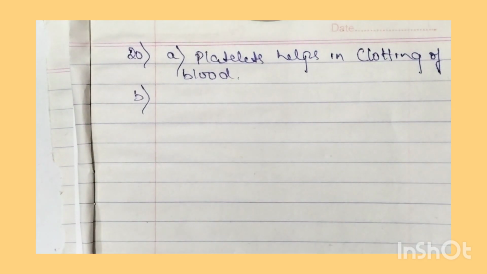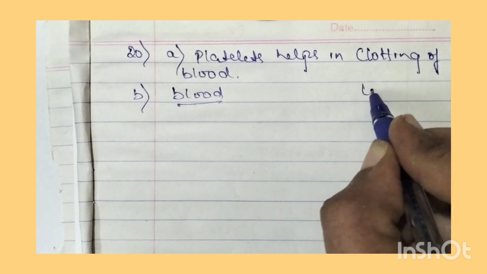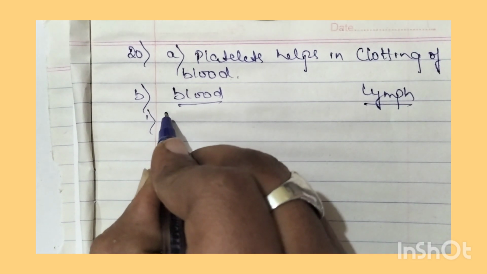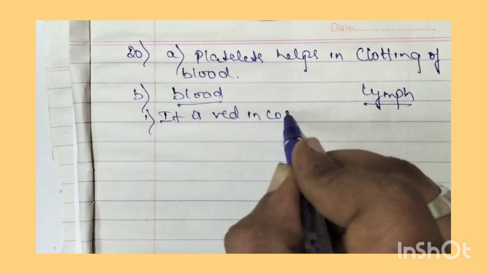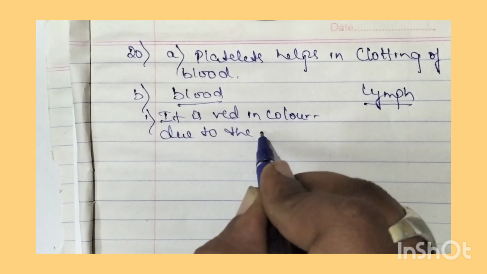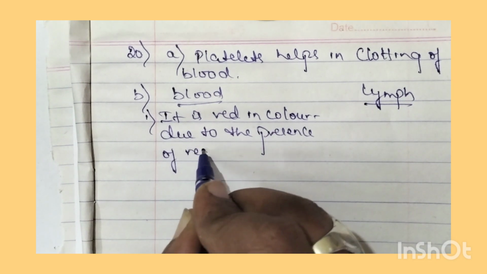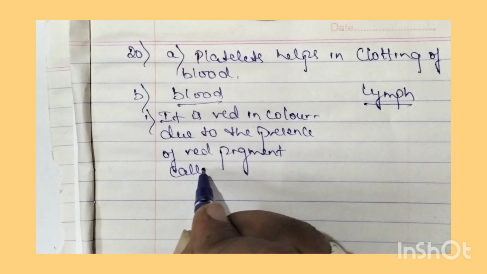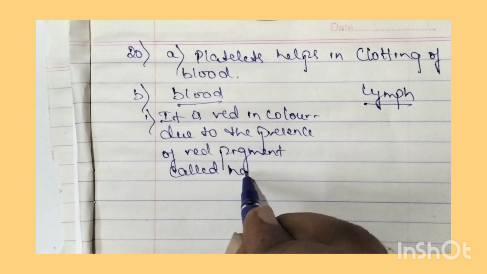Next, the second question: differentiate between blood and lymph. One side blood, another side lymph. The first difference between blood and lymph: blood is red in color due to the presence of a red pigment called hemoglobin.